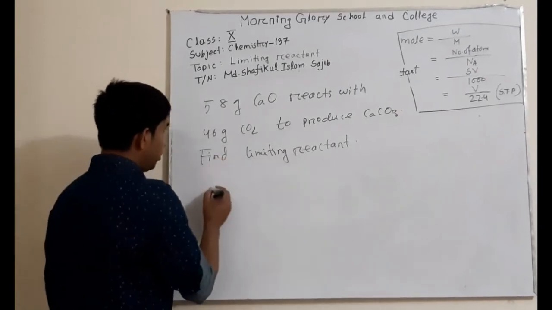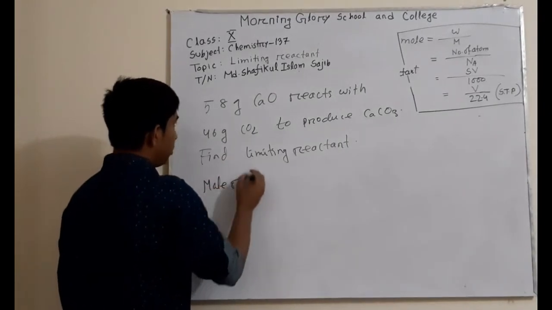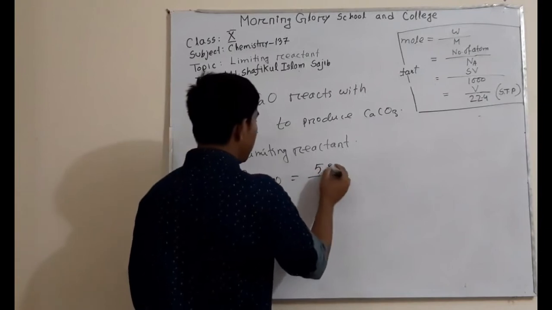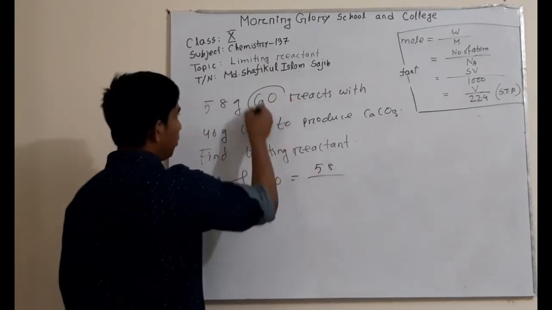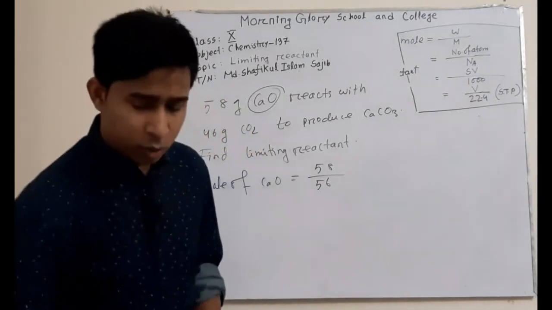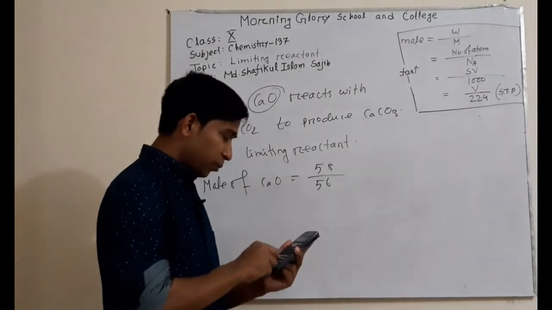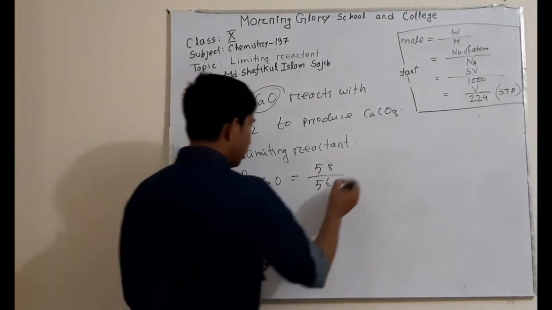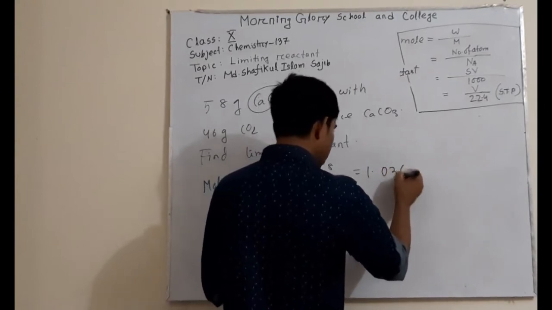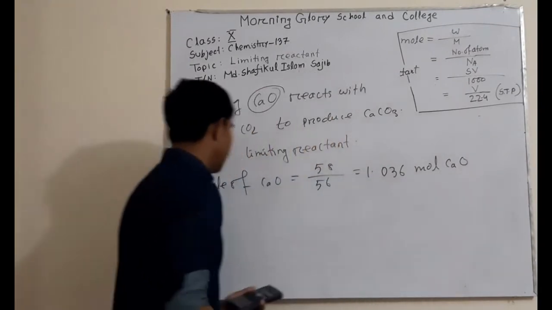So we can write here step 1, moles of calcium oxide equal 58 provided, and the molecular mass of calcium oxide is 56. So if we calculate 58 divided by 56, we will get 1.036 mole calcium oxide.